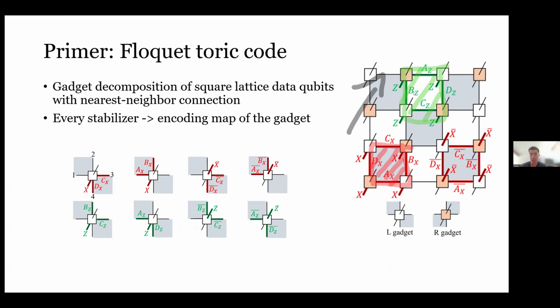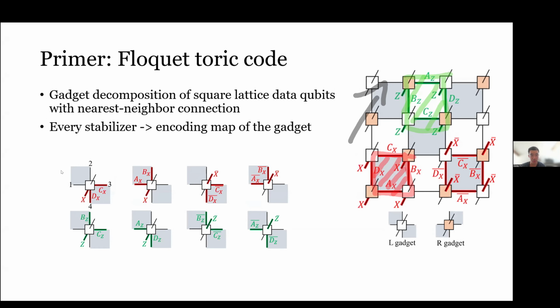And we demand translation invariance. So every X and Z stabilizer is mapped to the same set of bond operators. With that, we focus locally on one single gadget, which is what happened on the left, and we track how the gadget maps the Pauli operators to the bonds.